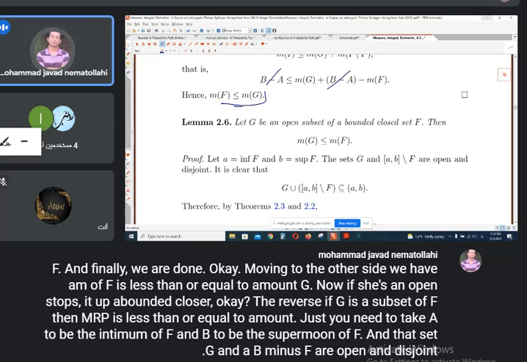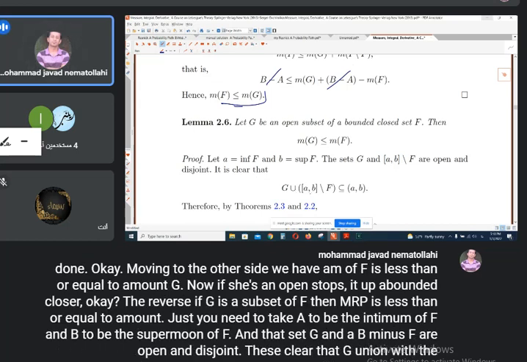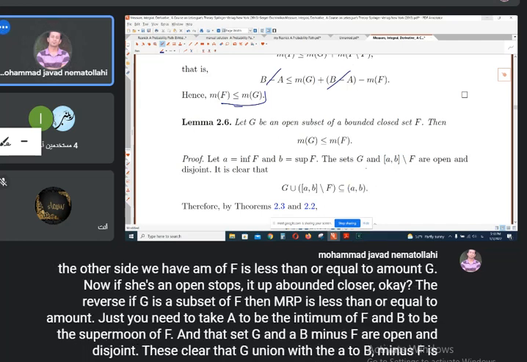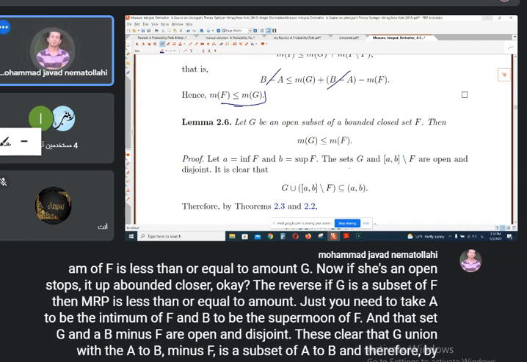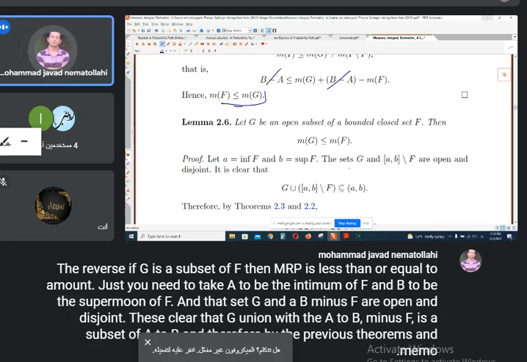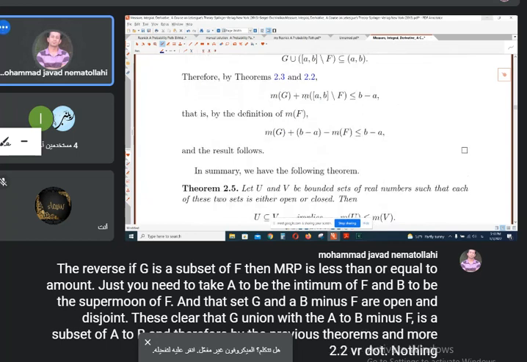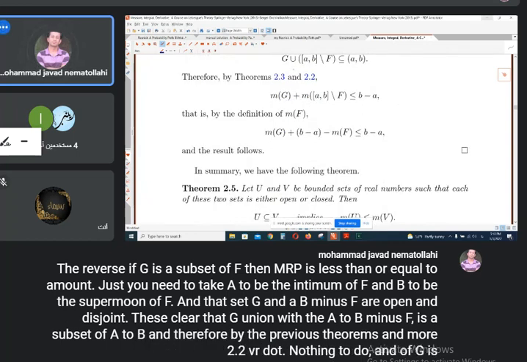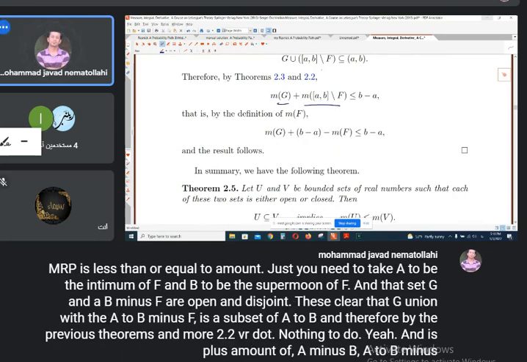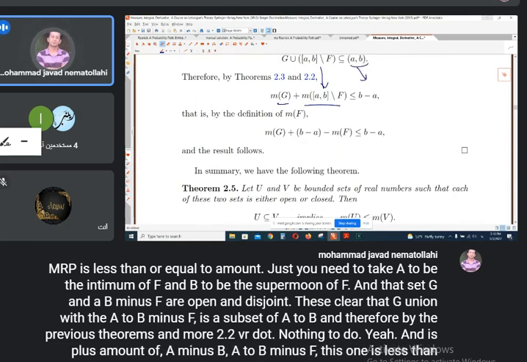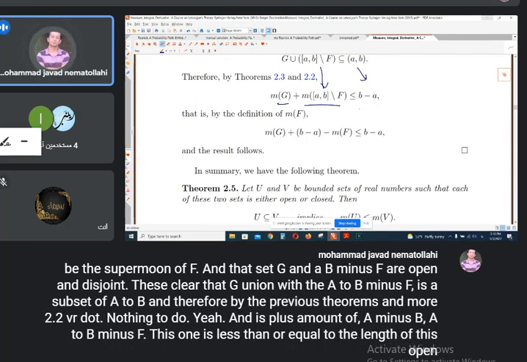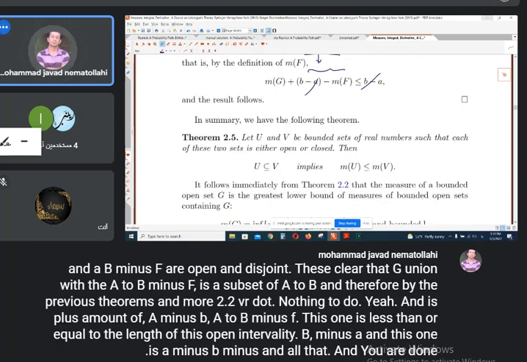It's clear that G union (a,b) minus F is a subset of (a,b), and therefore by the previous theorems and Lemma 2.2 we are done. Nothing to prove. m of G plus m of (a,b) minus F is less than or equal to the length of this open interval, which is b minus a, and this one is b minus a minus m of F, and you are done easily.